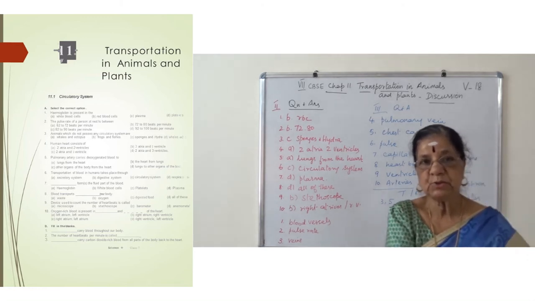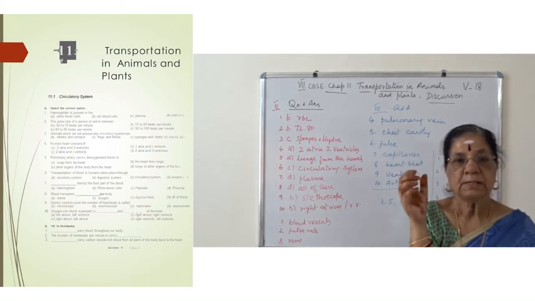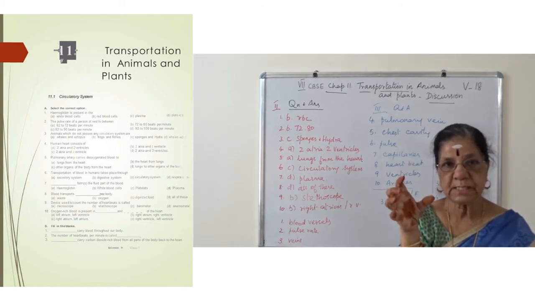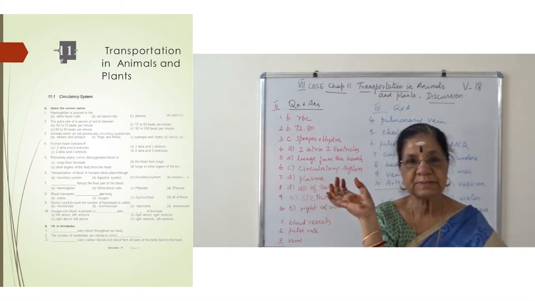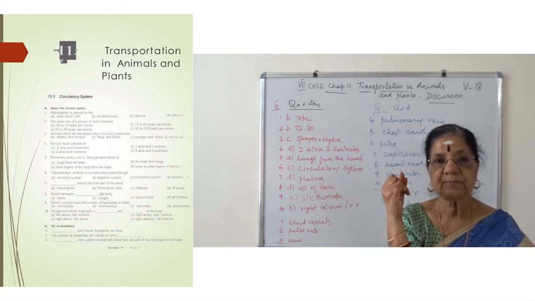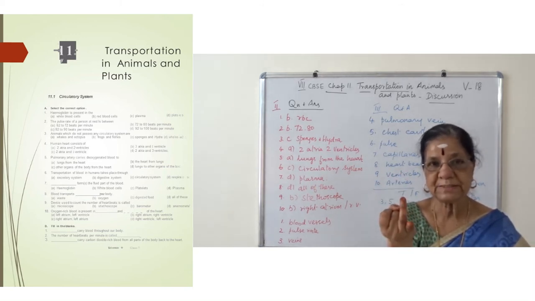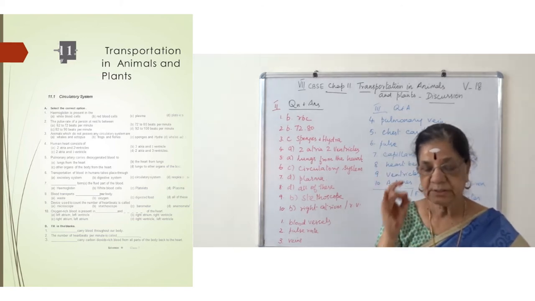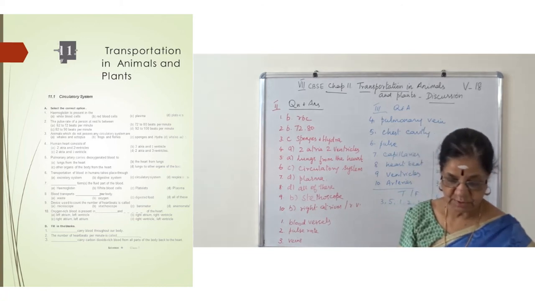Human blood is composed of a fluid portion, blood plasma, and solid corpuscles. Solid corpuscles are RBC, red blood corpuscles, WBC, white blood corpuscles, and third, blood platelets. So the fluid part of the blood is plasma.